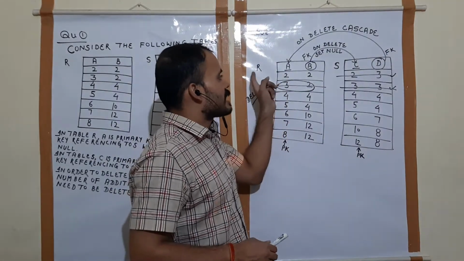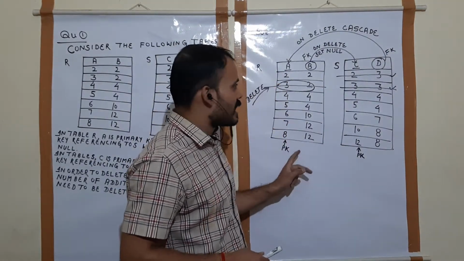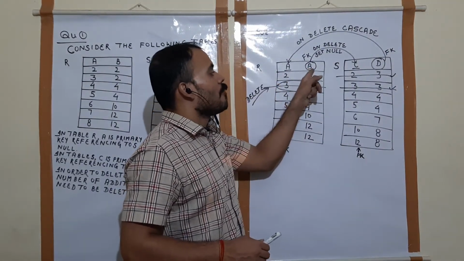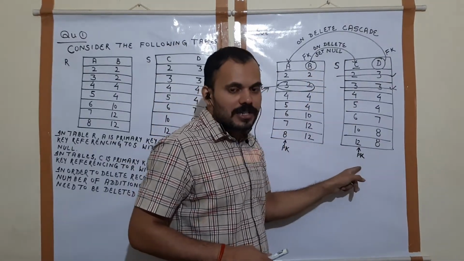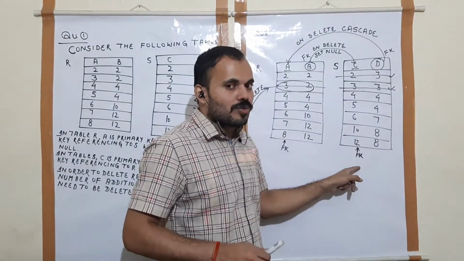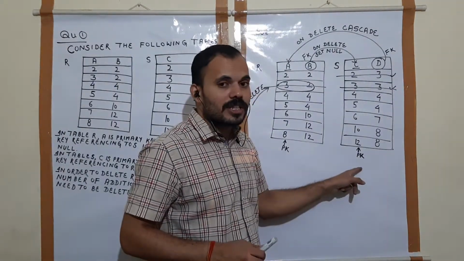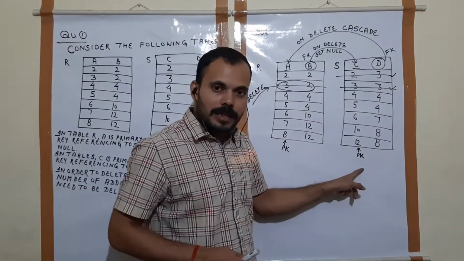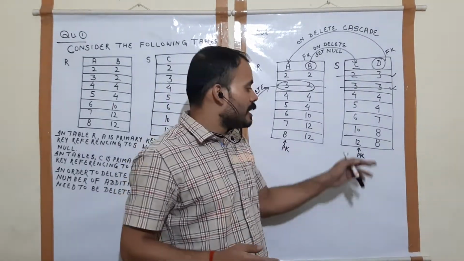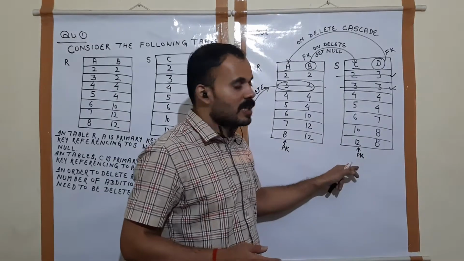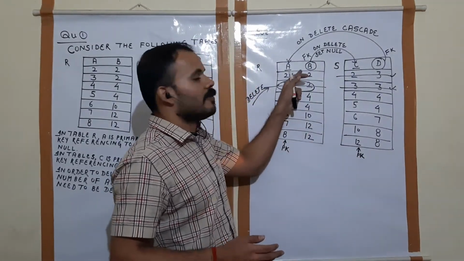So the relation R is the referencing relation with respect to the foreign key B, and relation S is the referenced relation with respect to the foreign key B.